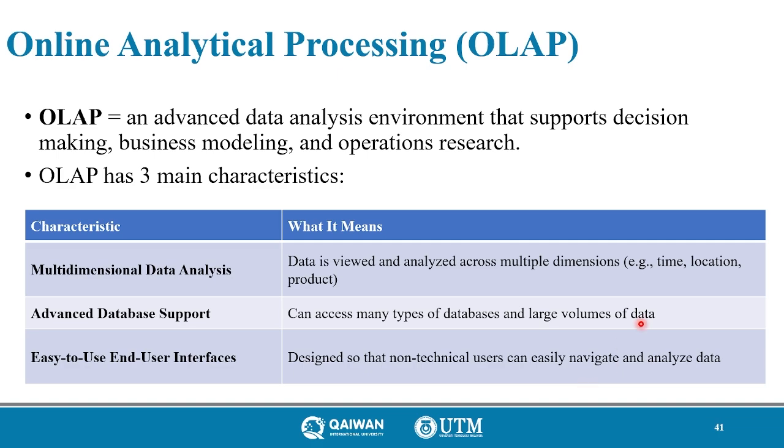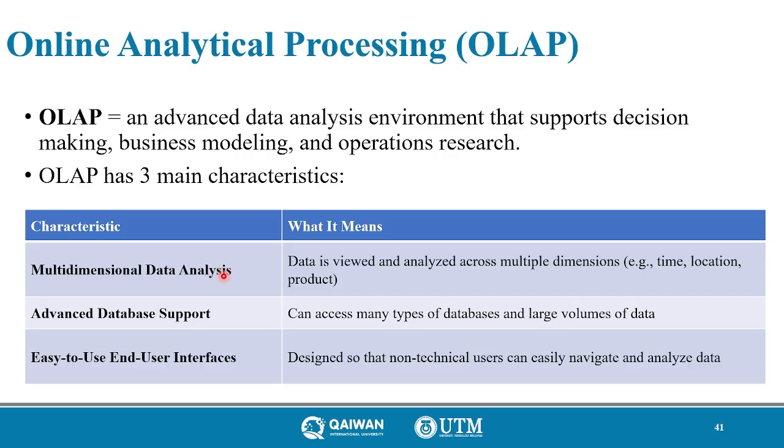Now, online analytical processing, or OLAP. OLAP is an advanced data analysis environment that supports decision making, business modeling, and operations research. Now, OLAP has three main characteristics. Multidimensional data analysis, so the data is not, for example, only one dimension.